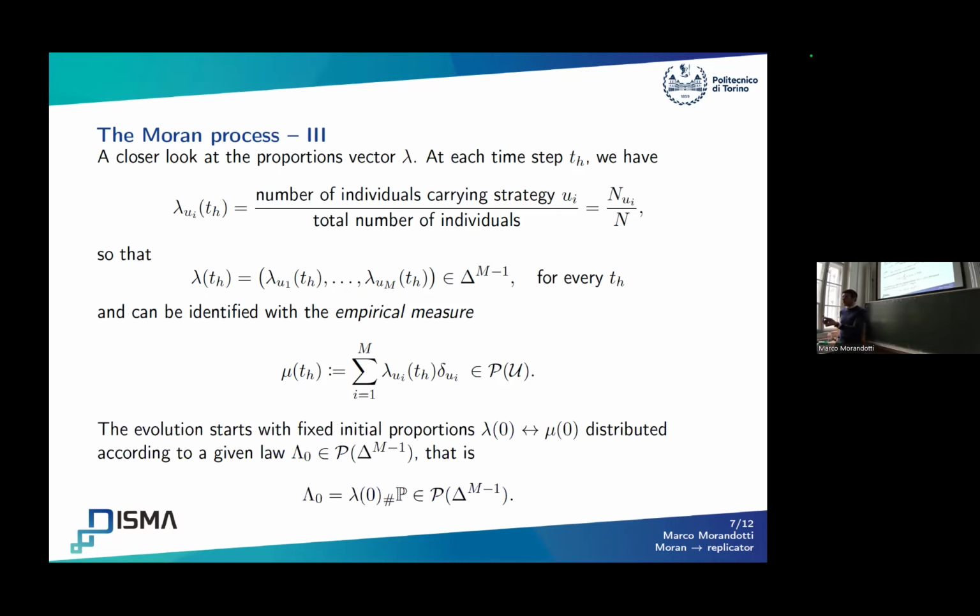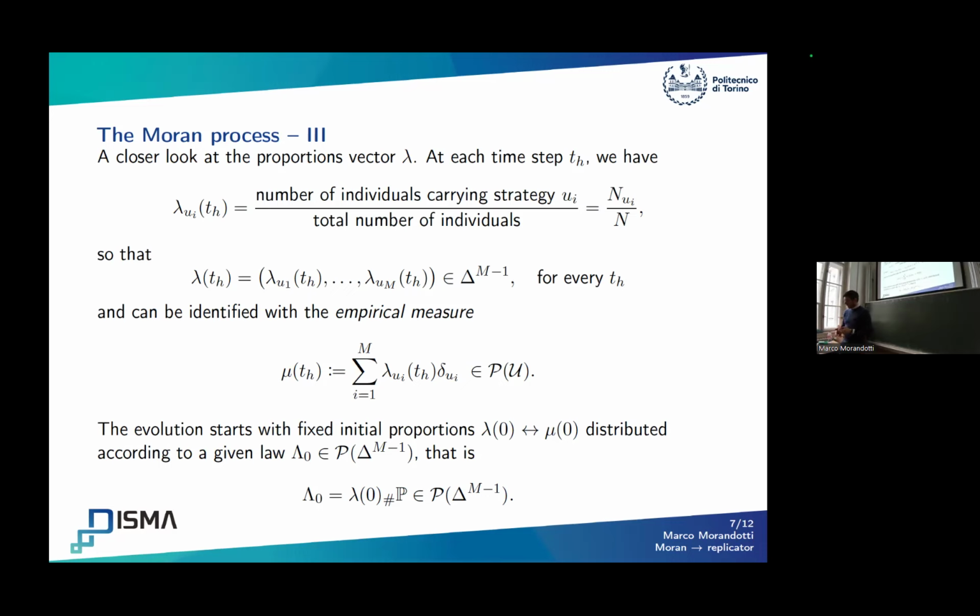So you want to start with a given array of proportions, lambda 0, and then you want to build the capital Lambda 0 as I described before, and then the evolution is precisely given by that formula.